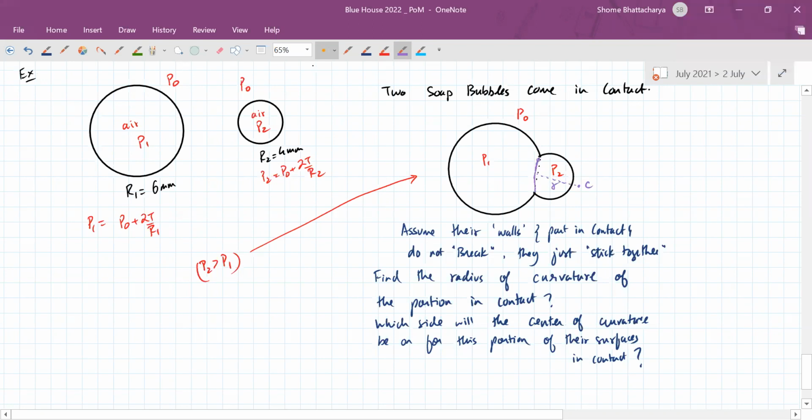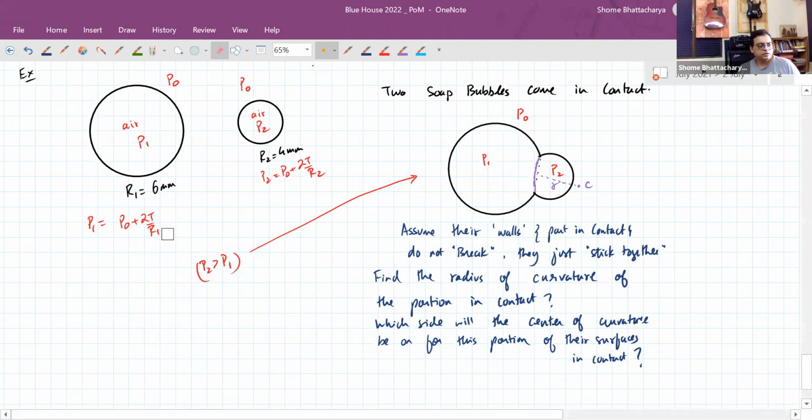Sir, it should be 4T, no? Yeah, correct. So it's a bubble. Very good. So now if this radius of curvature is small r, you can see that the pressure difference should be such that P2 minus P1 should be 4T by small r.